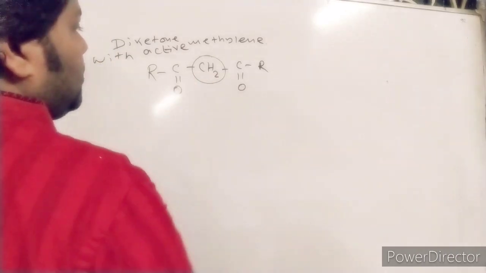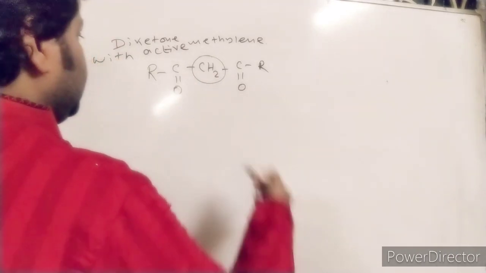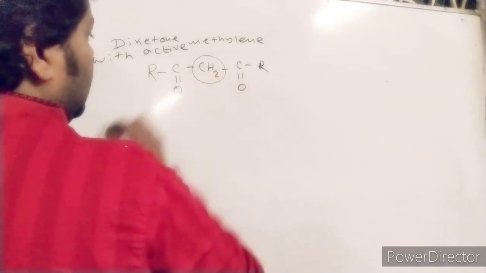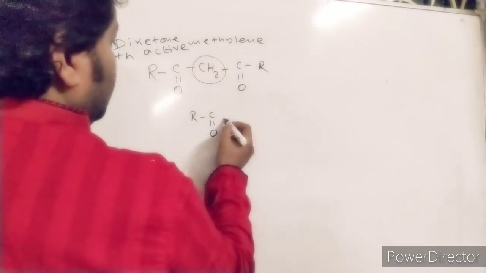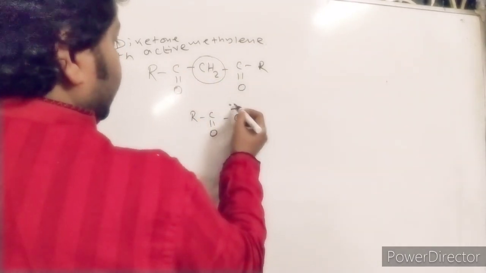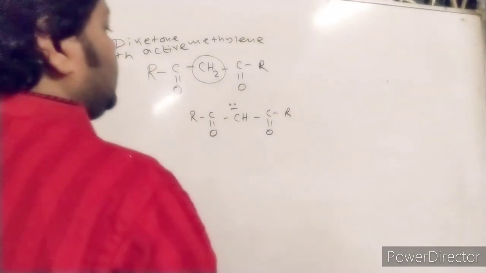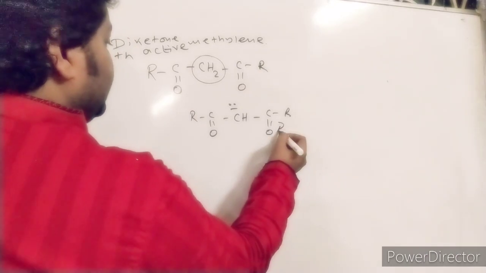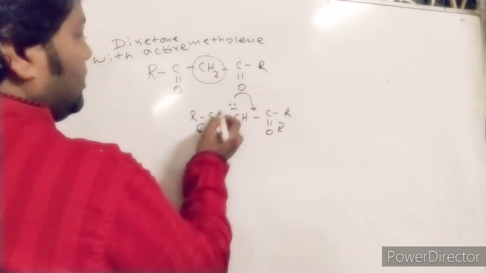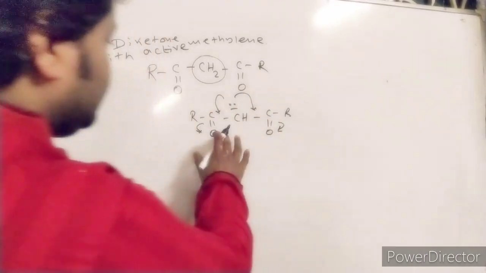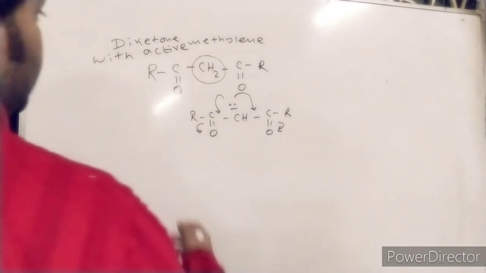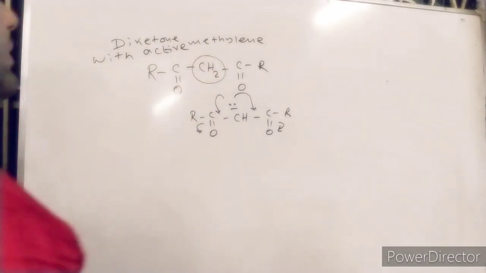Now this CH2 is active. This is because if it loses one H plus and gets a negative charge, this carbanion is quite stable, because it can undergo resonance from both sides. As this is quite stable, the release of H plus from here becomes very easy.